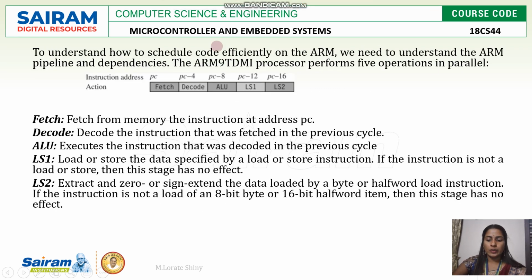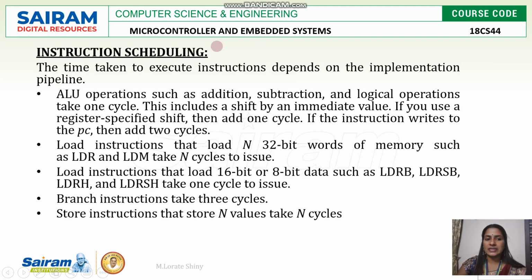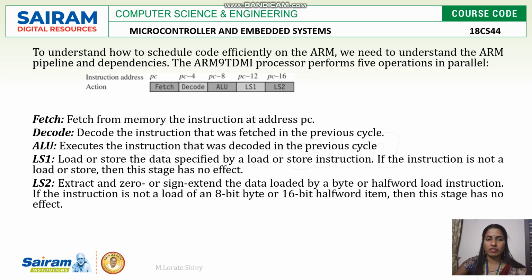So I told you the instruction scheduling depends on the implementation of pipelining. We can see the pipelining in the ARM9. If you take the ARM9 processor, it performs 5 operations in parallel: fetching, decoding, executing, then LS1 and LS2.